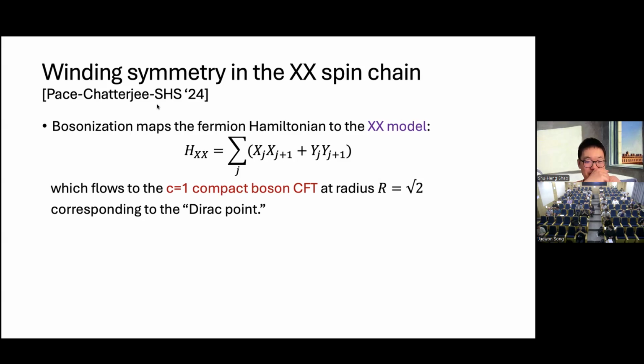Sorry, just a follow-up question. Is it correct to say that you can't write any operators which are exactly marginal here? Or on the lattice, why wouldn't you be able to write operators which preserve both of these symmetries? So I think these are two related but different questions.